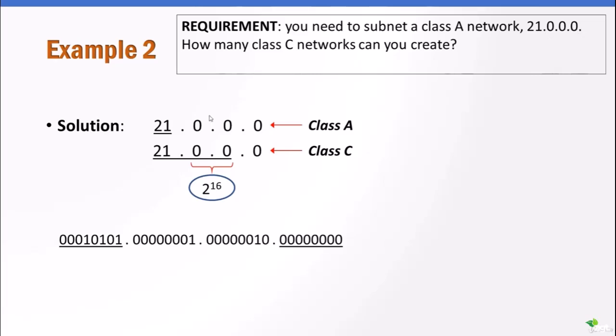So hopefully you got the point. We start changing the third octet first, and then once we've filled out the third octet for the first time, we change only one bit in the second octet. And then we start filling out the third octet all over again. And then when we fill it up again, we change one more time the second octet. And we continue to do that until we get all ones in binary value, of course, in the second and third octet.